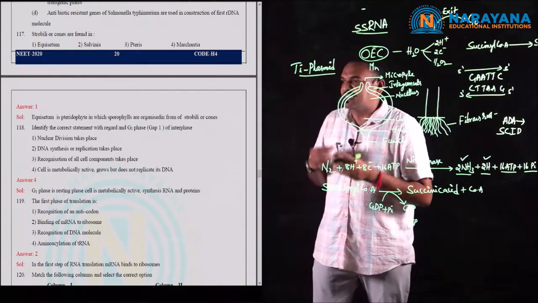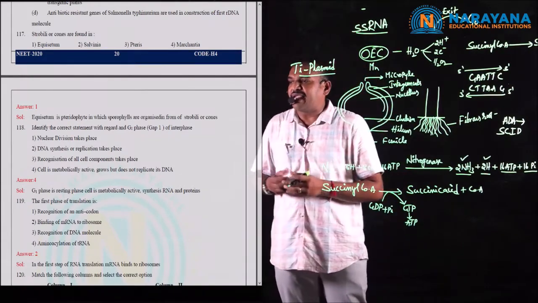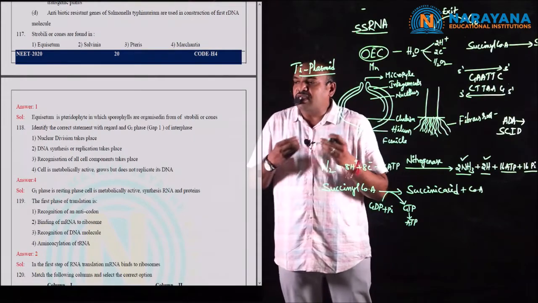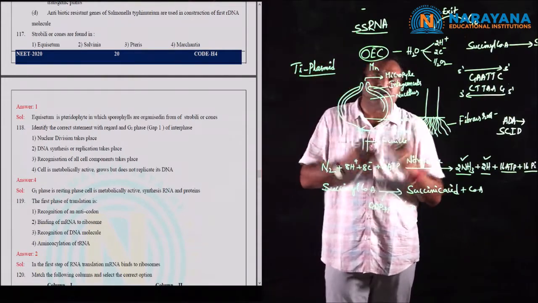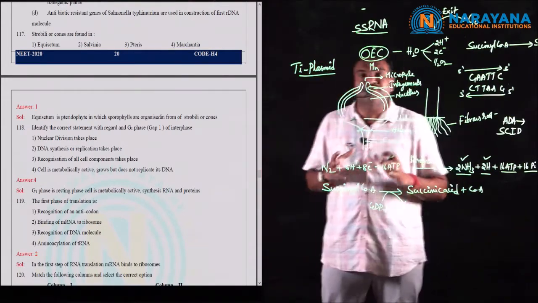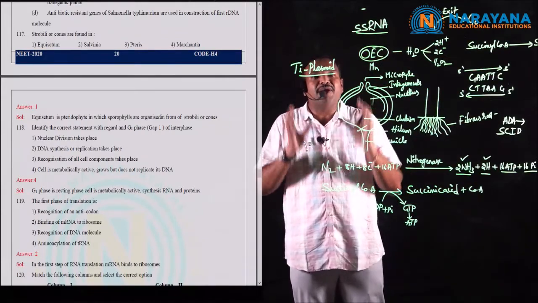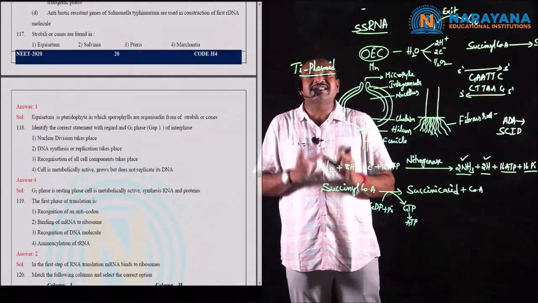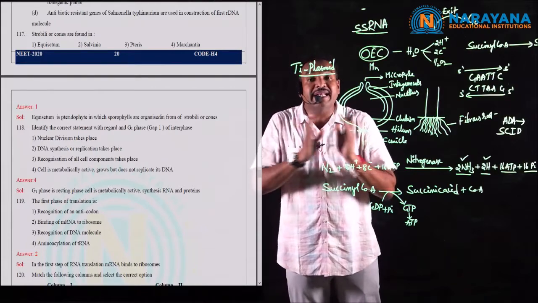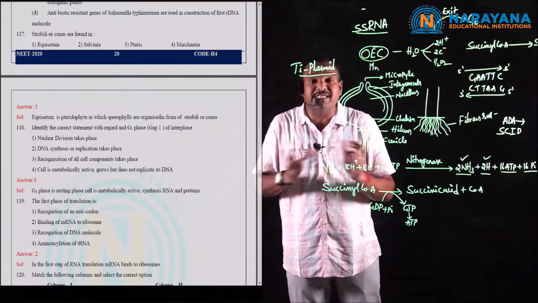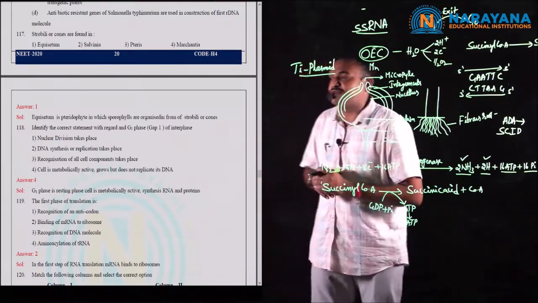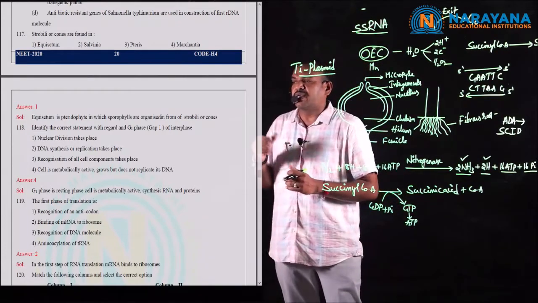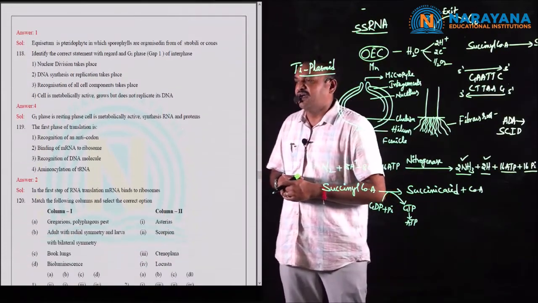And the fourth, the cell is metabolically active and grows but does not replicate its DNA. So the fourth option is the right option. During the G1 phase, the cell is metabolically active and there is synthesis of RNA and proteins, but DNA replication and centriole duplication do not occur. That means the right option for question number 118 is the fourth option.